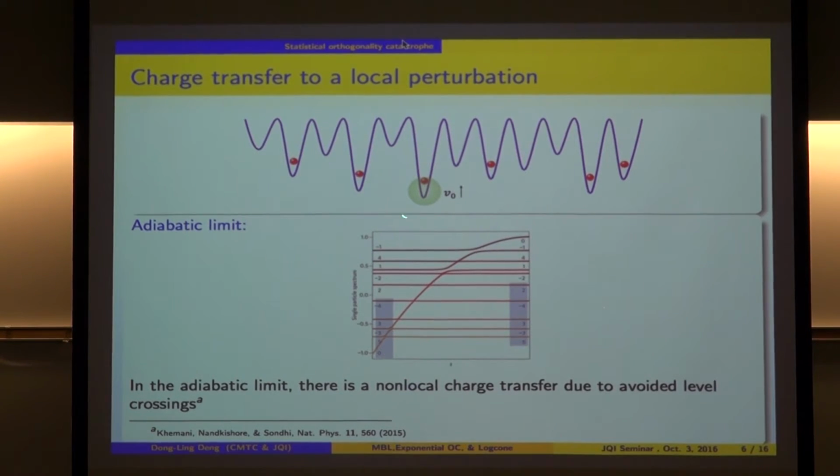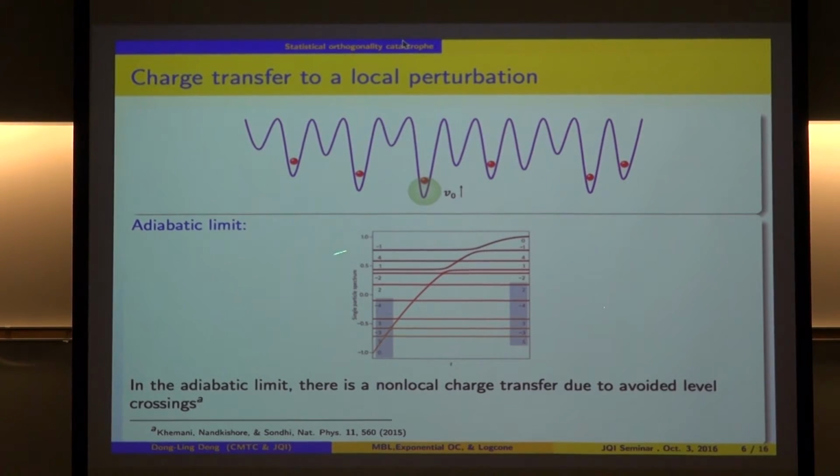Then as you add this local perturbation, there will be a bunch of avoided level crossings for these single-particle wave functions. If we do this slowly enough, in the adiabatic limit, the charge on site 0 will be transferred to some other site.